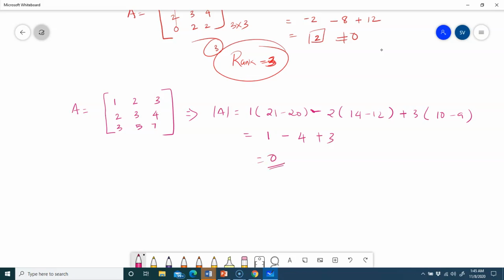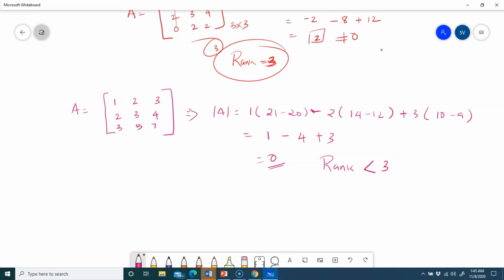That means we need to dig down. Here the largest square matrix determinant is 0, so the rank of this matrix will be less than 3, because the order of this matrix is 3.